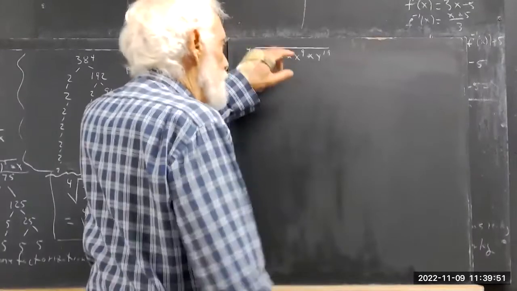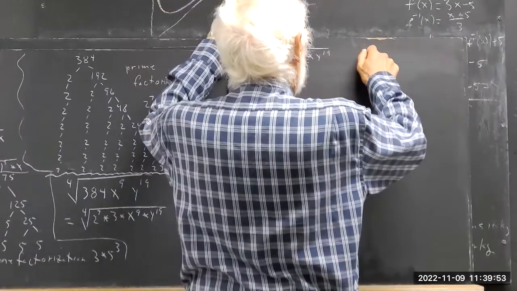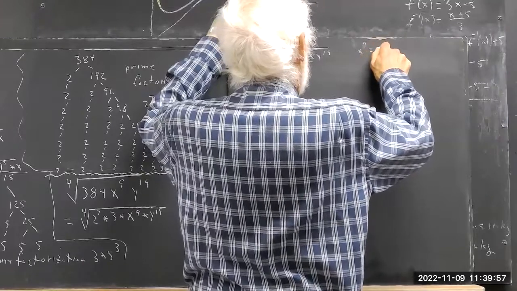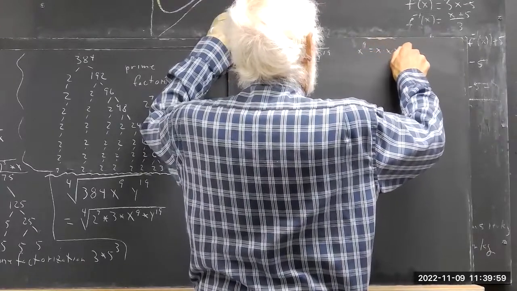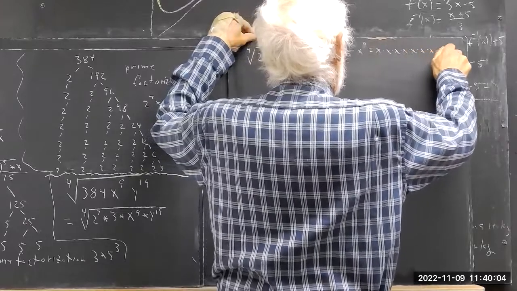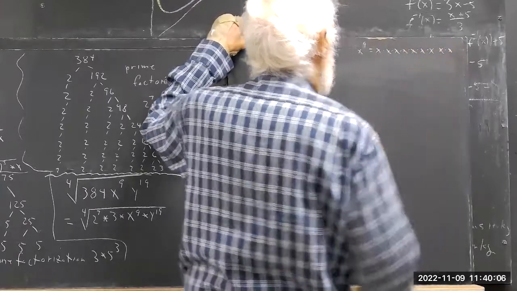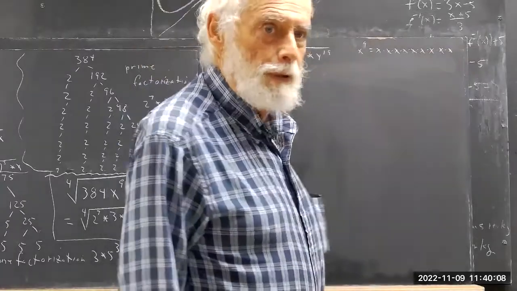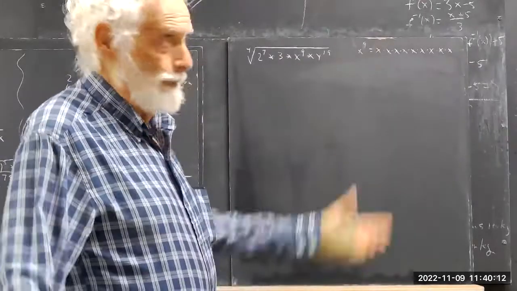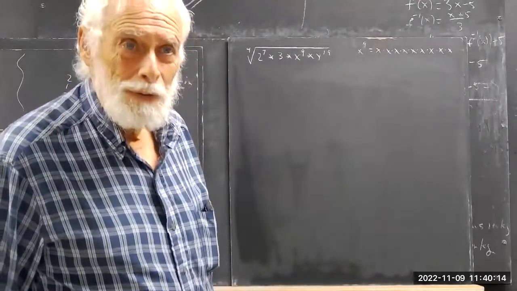Now I can think of taking that x to the 9th and writing it out as a product of 9 x's. I could do the same thing with y to the 19th, but I don't want to write out that many y's.